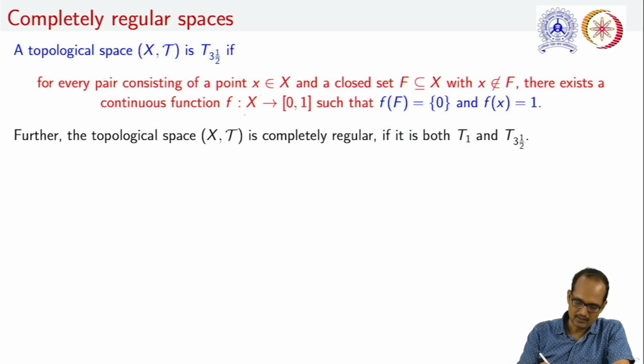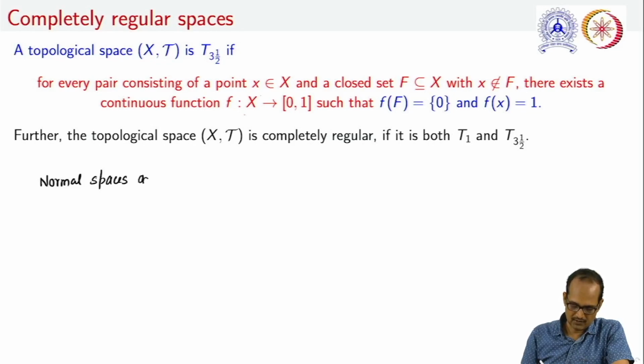Now, what we can conclude here is that every normal space is a completely regular space. So, normal spaces are completely regular. The question is, how is it possible?